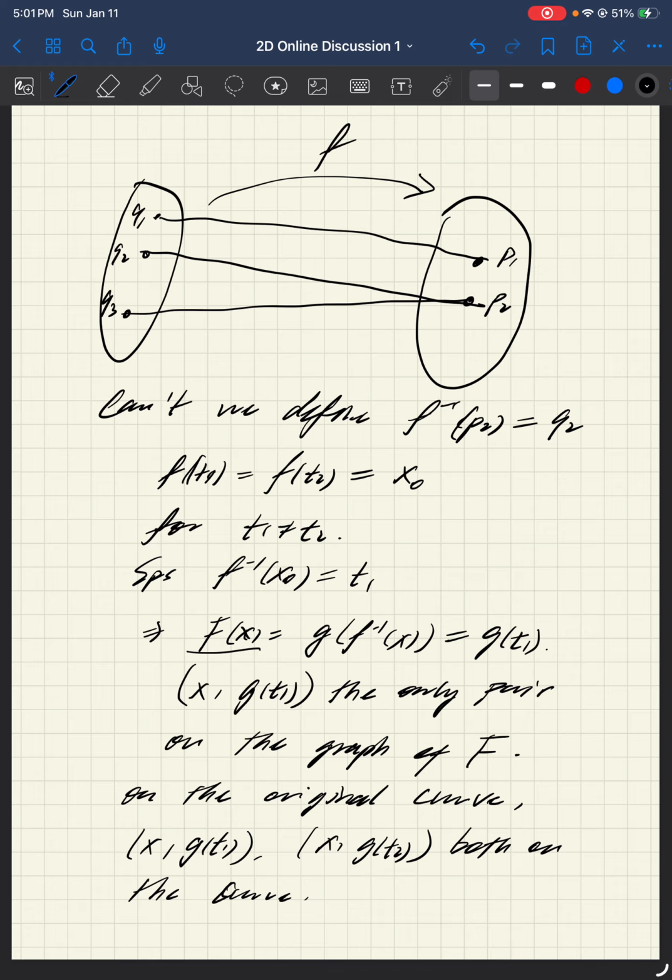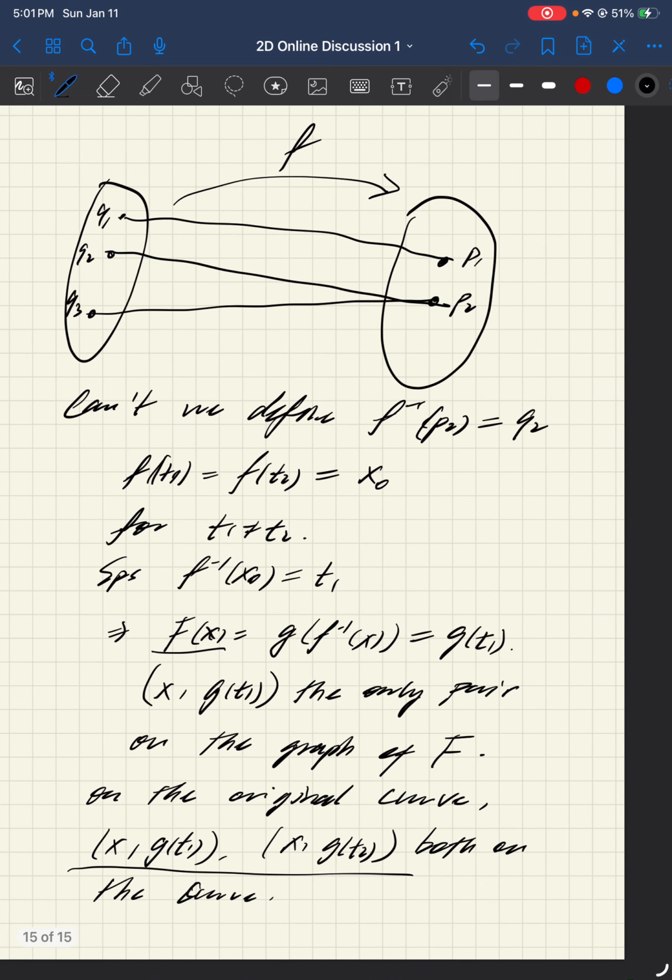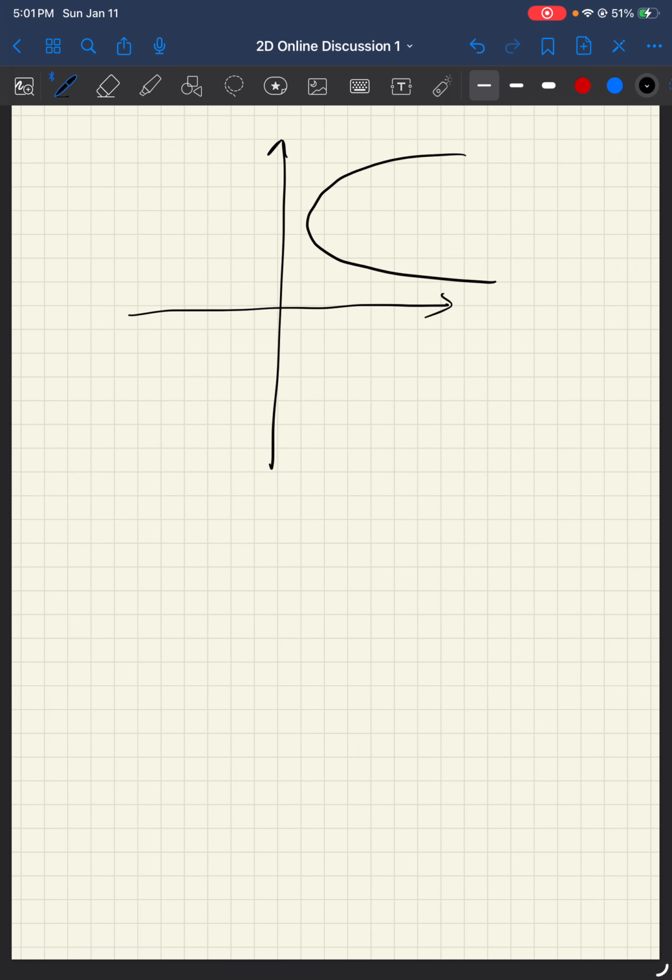So by just dropping out one of the pre-images, I am actually losing something with F. So I can never express this curve, which contains these 2 points, as a function, as a graph of the function F(x). So this is the reason why we really need injectivity. For example, I can have something like this, right?